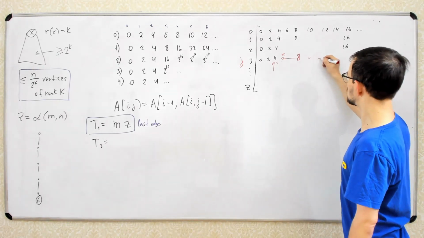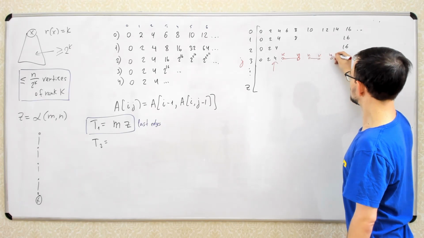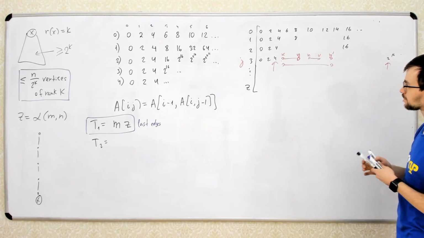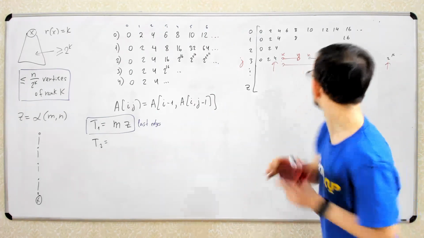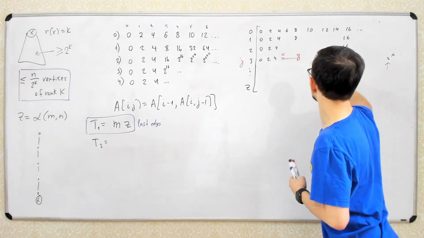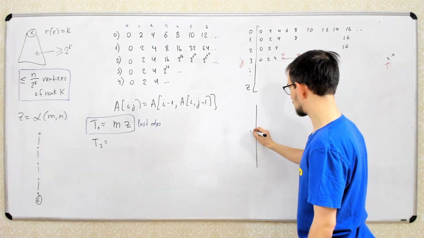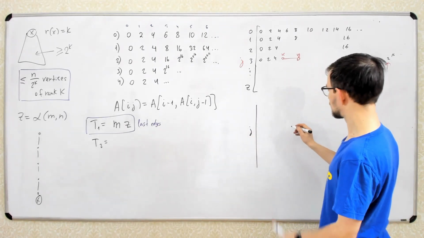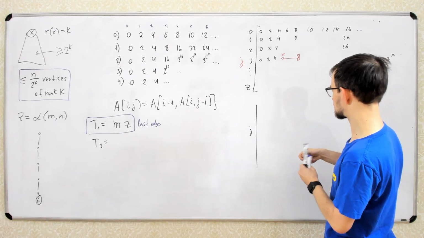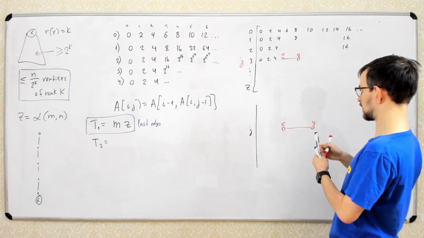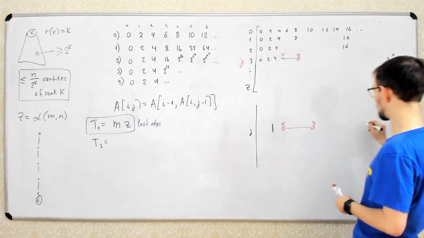Then you have another edge, UV, and this is Y prime. So in sequence J, you have this X and Y between these two values.